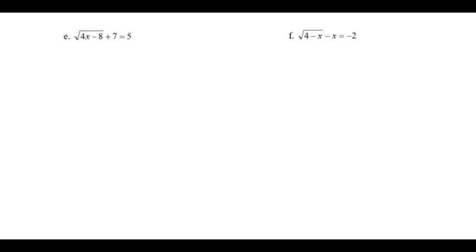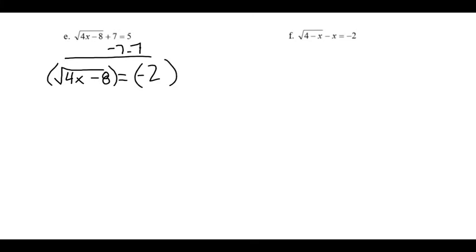Okay, now E, again, we want to isolate that radical. So I'm going to subtract 7 from both sides. And I will end up with the square root of 4x minus 8 equals a negative 2. And I'm going to square both sides to get rid of the radical.